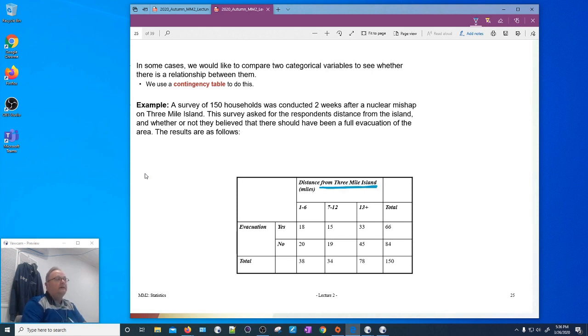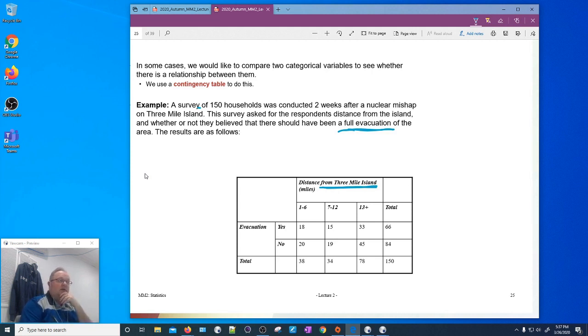So some data collecting happened: 150 households, 2 weeks after a nuclear mishap. The survey asked the respondents distant from the island whether or not they believed there should have been a full evacuation of the area. I suppose today's relevant question is, should there be a full lockdown? It's the same kind of debate.